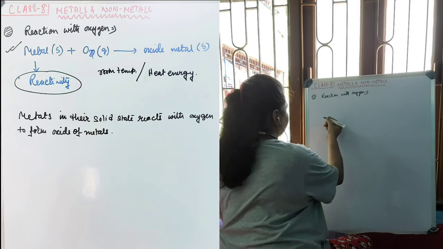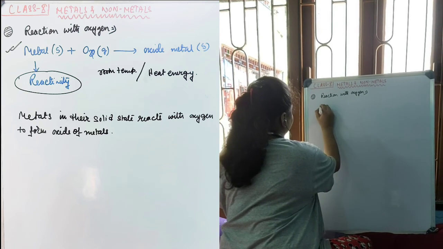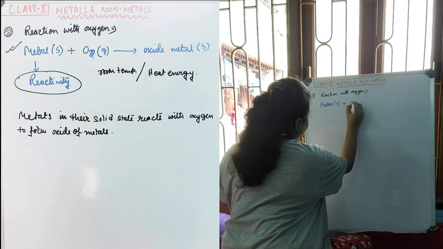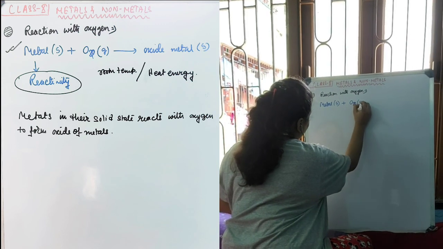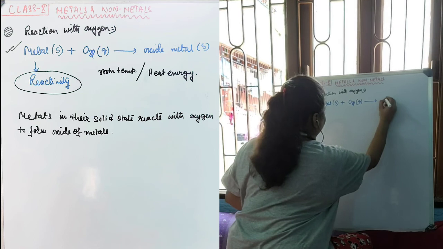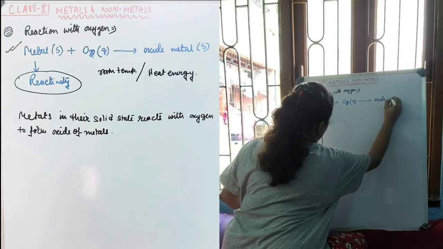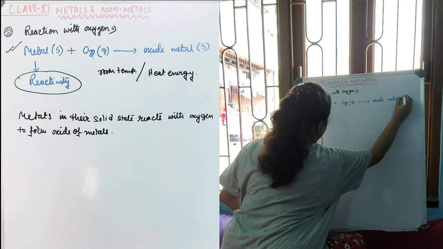Therefore, in general, we can say that when metals in the solid form react with oxygen in air, they produce oxides of that corresponding metal in solid form.